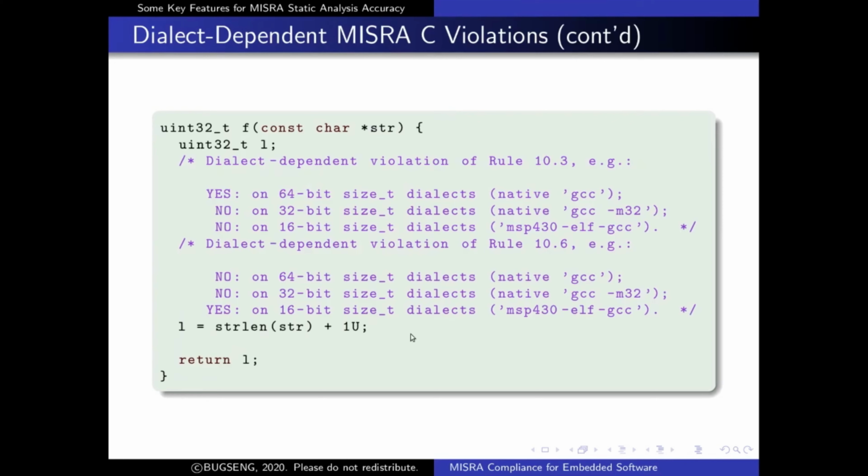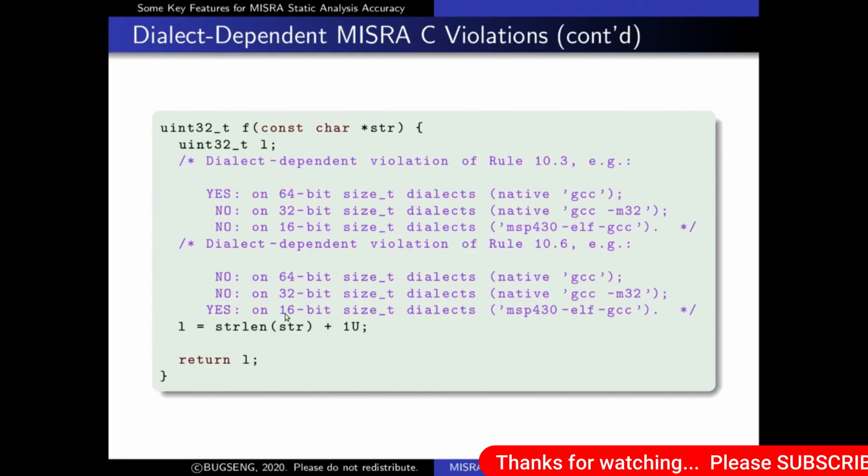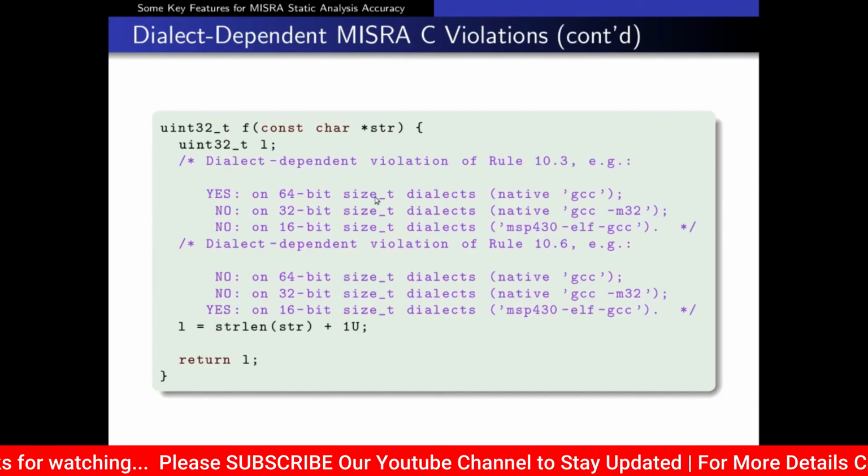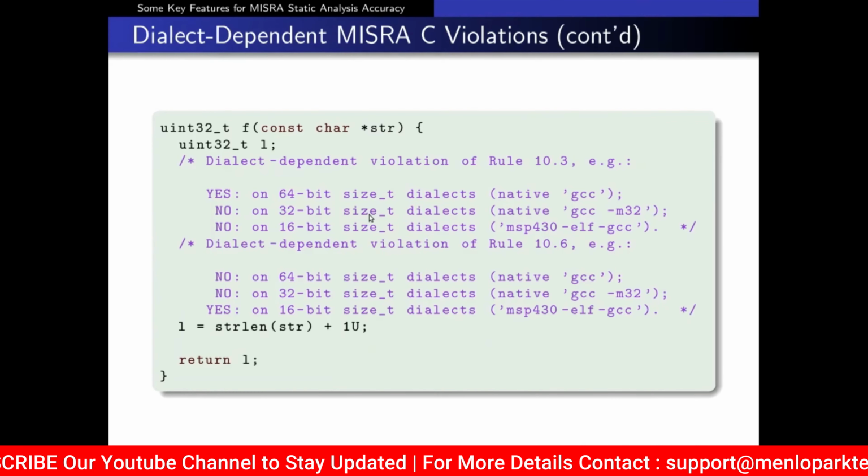This line contains a violation of Rule 10.3, whereas if size_t is 32-bit or even 16-bit, there is no violation. The situation is different for Rule 10.6: there is no violation if size_t is 64-bit or 32-bit, whereas we have a violation if size_t is 16-bit.